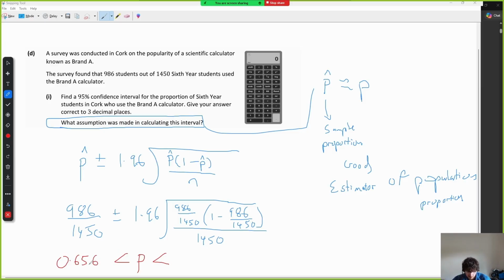You just go over in your calculator, delete the minus, put in a plus, and you get 0.704. Now, if it wanted that as a percentage, we'd call that 65.6% is less than p is less than 70.4%, okay? But that would only be one decimal place on the percentage, so you've got to read the question carefully for what they're on about. Grand.